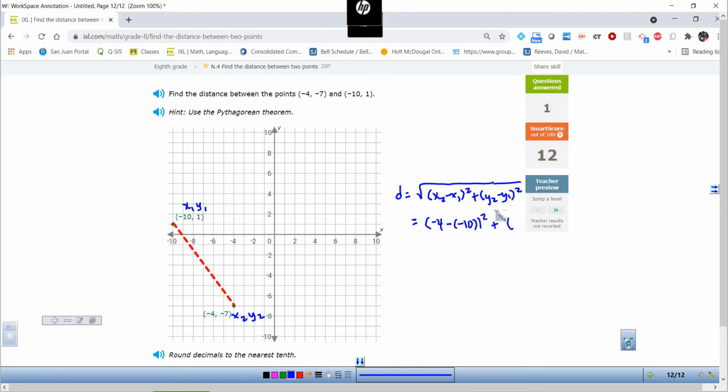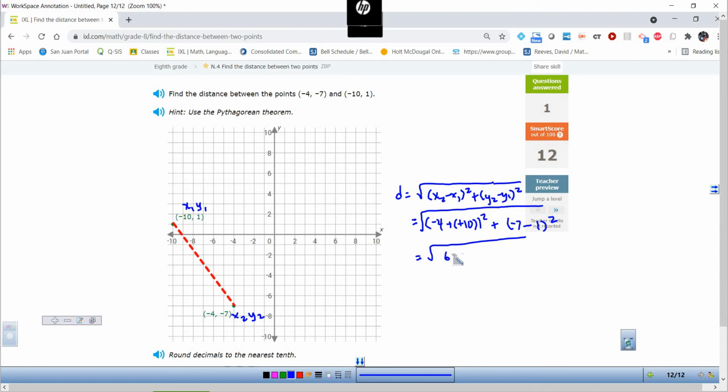Plus, and then what do we have? y2 is negative 7 minus y1 is 1, and that's going to be squared. Of course, all of this is still in the square root. So negative 4 minus negative 10, well, subtracting a negative is the same as adding a positive.